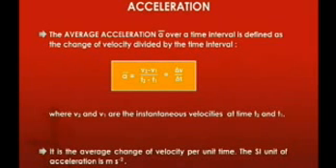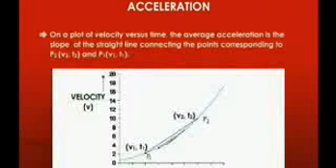It is the average change of velocity per unit time. The SI unit of acceleration is meters per second square. On a plot of velocity versus time, the average acceleration is the slope of the straight line connecting the points corresponding to v2, t2 and v1, t1.